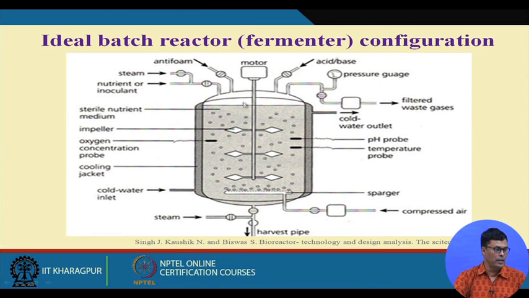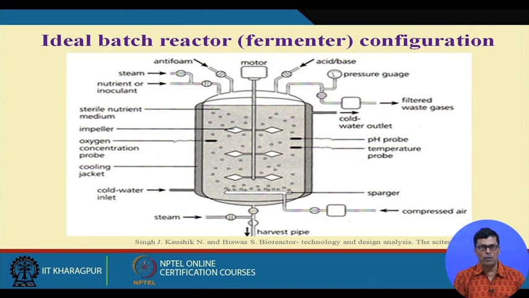Now I was talking that day about one problem that we have with this biological system, which is foam formation. Why does foam formation take place? Because most of the fermentation processes are aerobic in nature. Aerobic means your microorganisms grow in the presence of oxygen. It is a little bit different as compared to the human system.